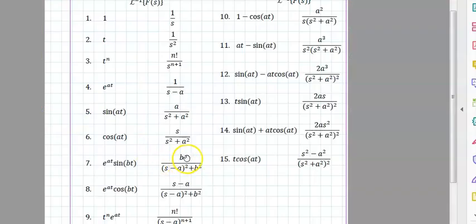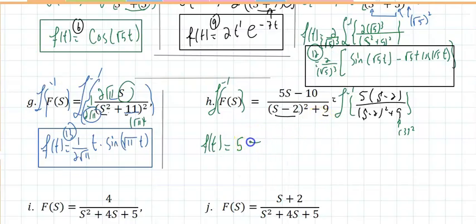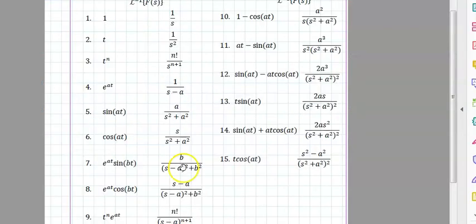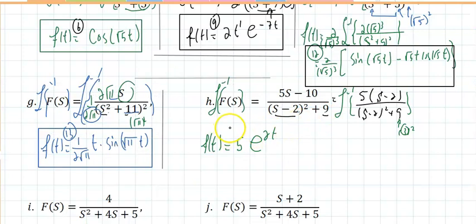And it matches number 8, s minus a squared, and b. Okay, so what's a? That's the power on t, and remember the opposite. So it's e to the 2t, and what do you square to get a 9? 3. That is the angle right there by 8. That's the cosine of 3t by 8. The cosine of 3t.